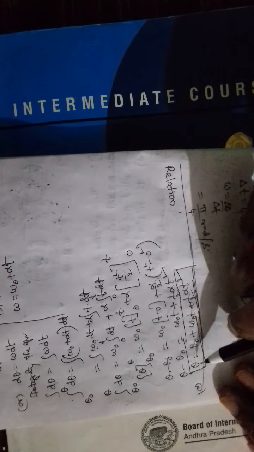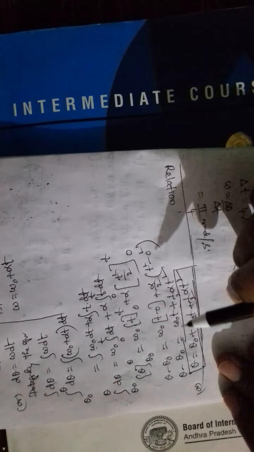See, actually theta minus theta naught gives angular displacement, that is delta theta is equal to omega naught t plus half alpha t square.